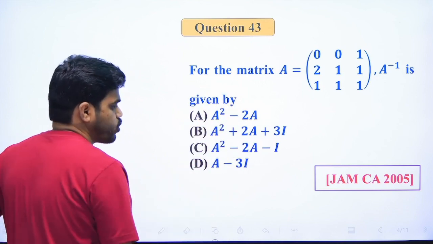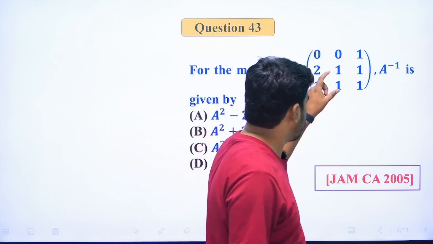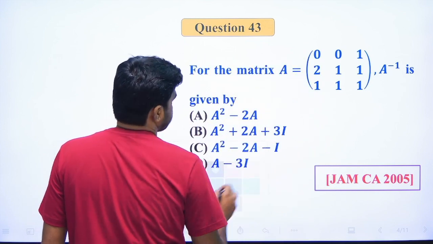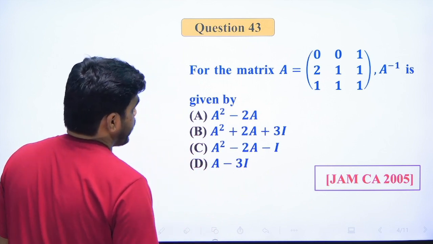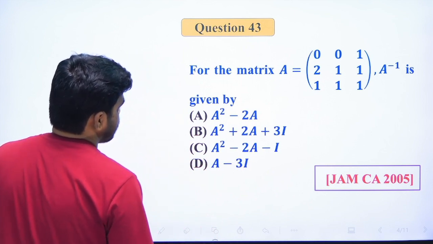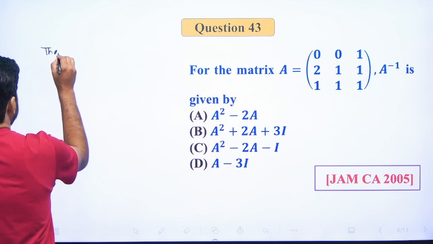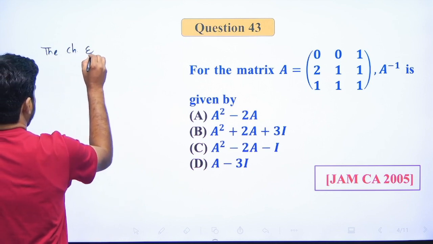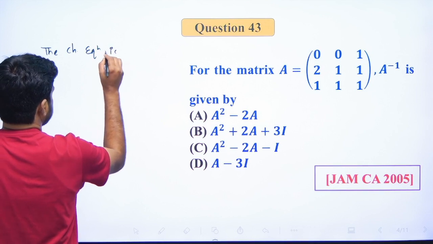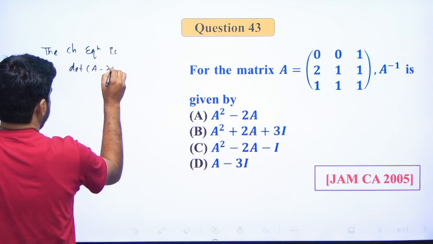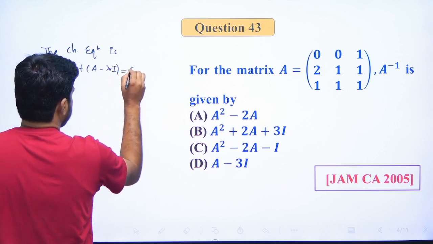That is, we have to apply the Cayley-Hamilton theorem. First, what is the characteristic equation? The characteristic equation is determinant of A minus lambda I is equal to 0.